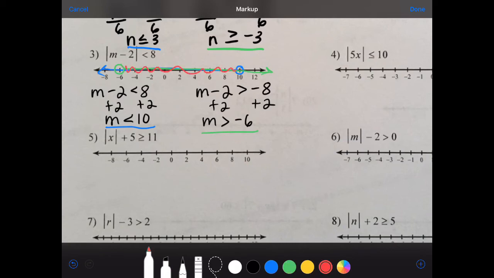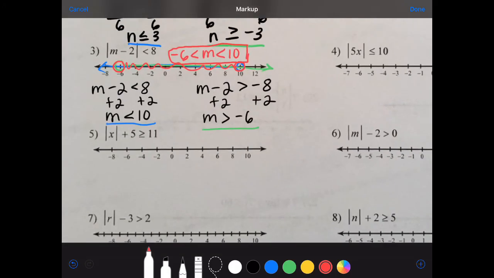So what I'm going to do is rewrite my answer. It's going to be negative 6 is less than m, is less than 10, and that's my solution. I don't have an equal to, and my variable m is in the middle. Start with the smaller number, and then on the right-hand side is the bigger number.